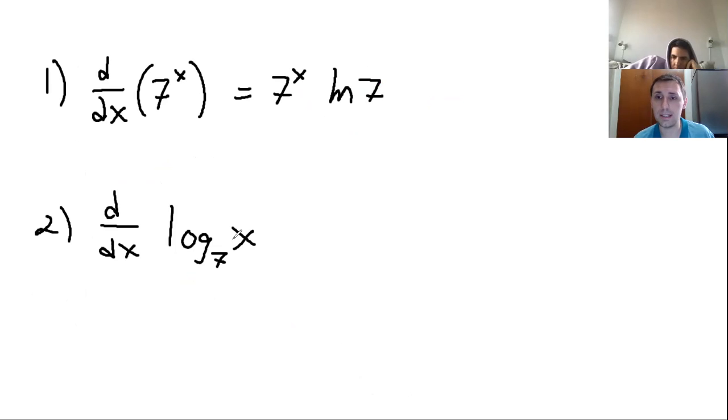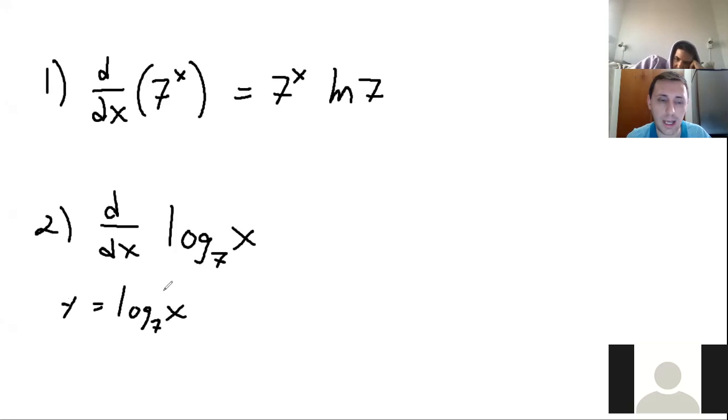Now, I asked you to take the derivative of log base 7 of x. How do I do that? So I showed you the geometric idea, but just to save time, I will do that using implicit differentiation, right? Implicit differentiation tells me I can do this. Let y equal log base 7 of x. So y is that function that has this name.